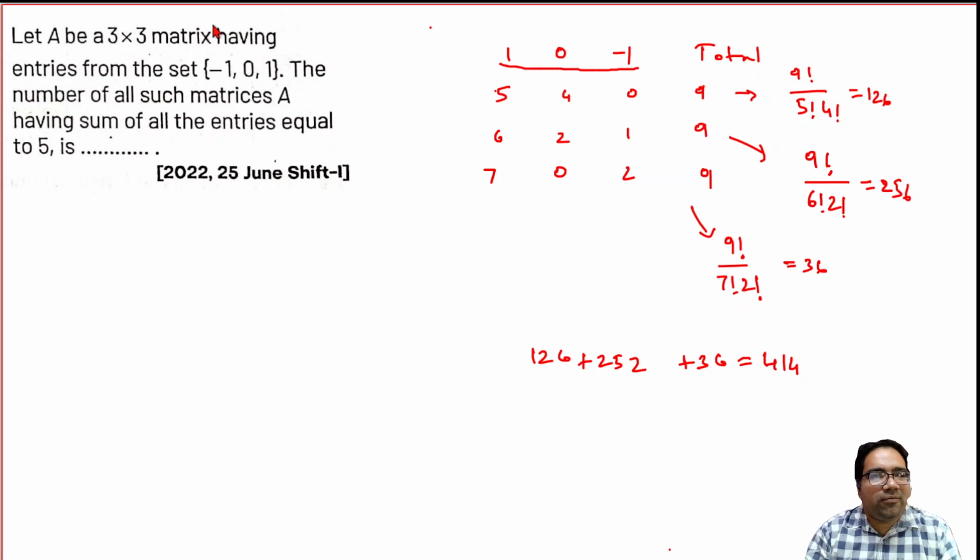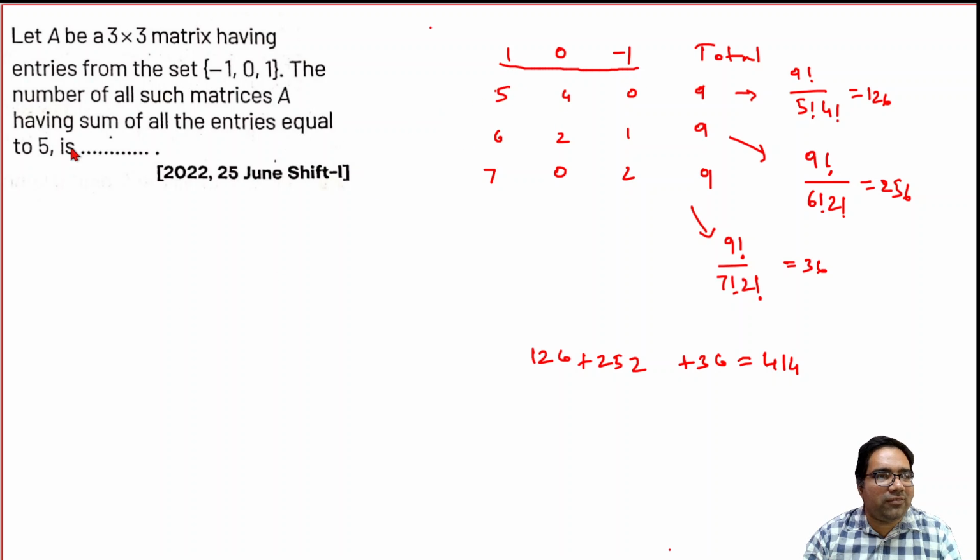And what does that mean? Let's say we consider the ones, and the total is 5. That means if we consider 5 ones, then there should be 4 zeros, and there should be no minus ones, because we have 9 entries.